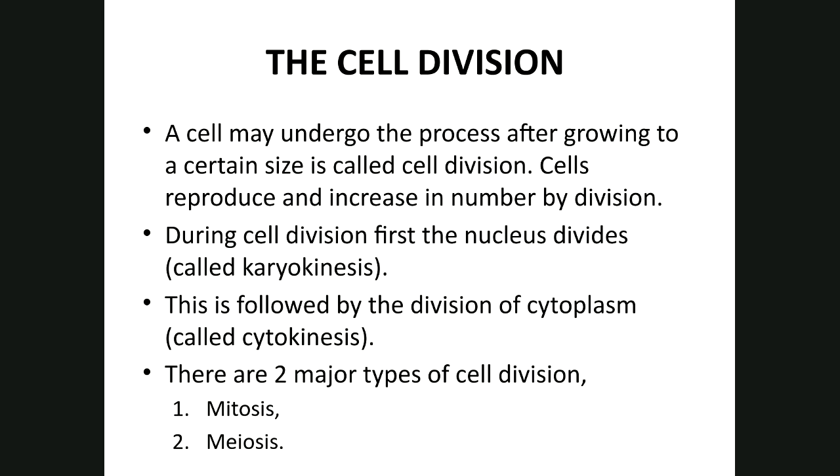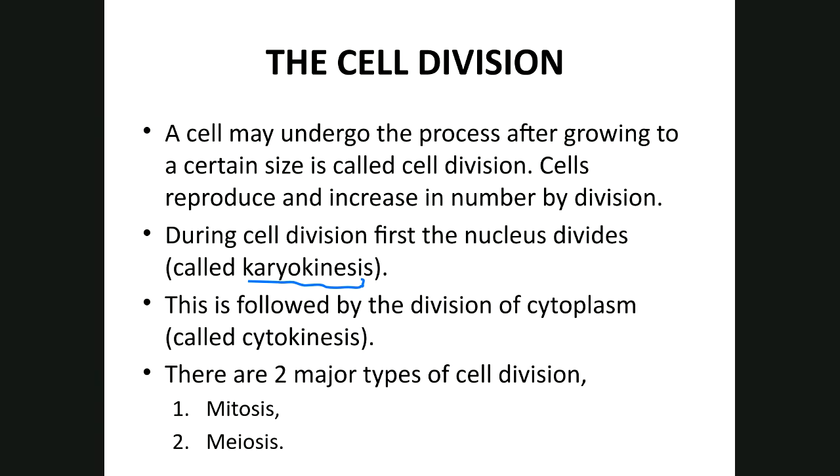During cell division, first the nucleus divides, which is known as karyokinesis. Now here you can see there is a term used, karyokinesis. What is karyokinesis? Karyo means nucleus and kinesis means division. It means that first of all, when cell division starts, the nucleus divides itself into two halves.